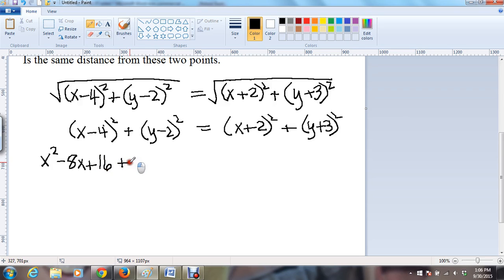And we're going to do the other one. Y minus 2 quantity squared is y squared minus 4y plus 4.